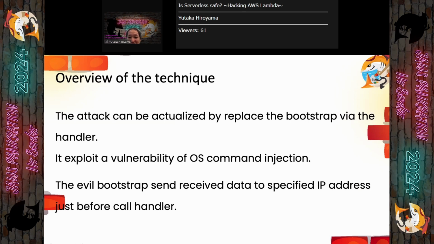Attacker creates an evil bootstrap and sends it to the target. The evil bootstrap will take the place of the formal bootstrap via OS command injection. That's the overview of this attack.